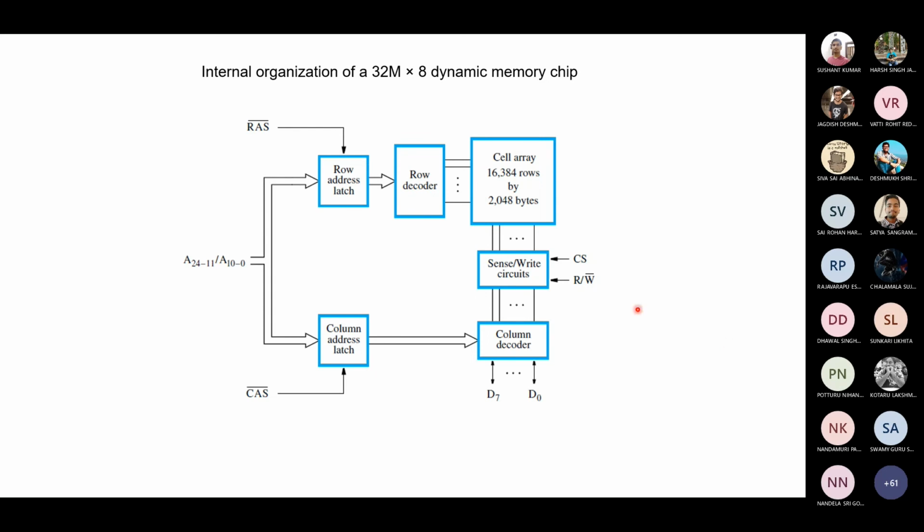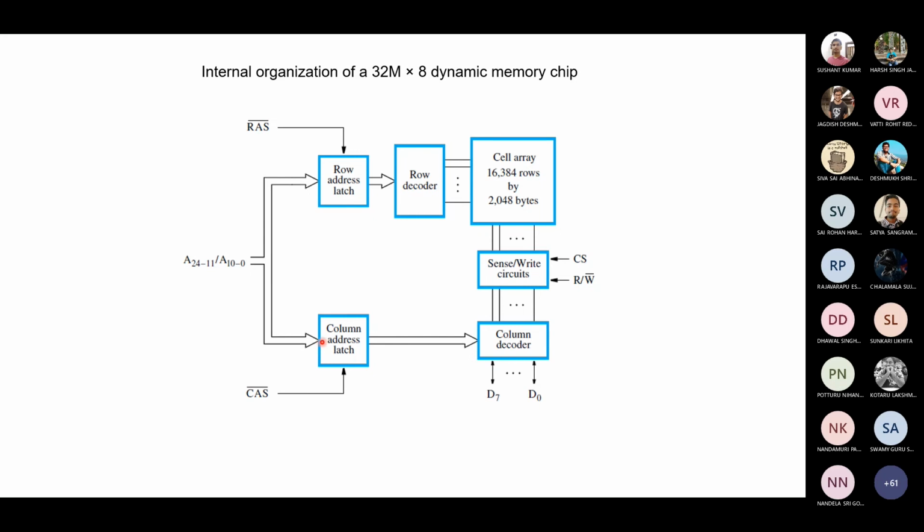So what is basically done, and these are basically latches. Why these RAS and CAS are used, because these address lines may be used once it is latched. Once it is latched, they will be basically stored here. That address lines can be used for other purpose. That's why these latches are used. These are basically control signals.